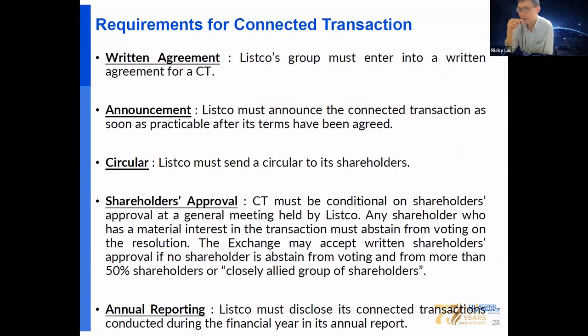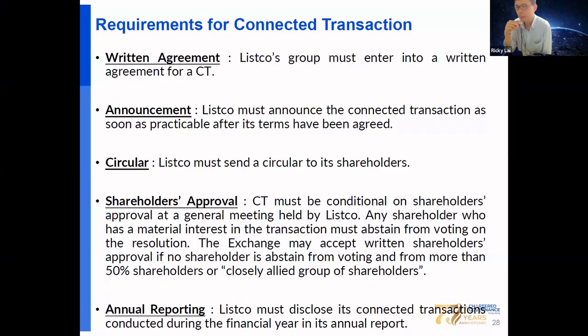If there is an independent shareholder approval requirement, then the listed company must send the circular to these shareholders. The CT must be conditional on shareholder approval at the general meeting. Any shareholder who has a material interest must abstain from voting. The exchange may accept written shareholder approval if no shareholder is required to abstain from voting and it is from more than 50% of shareholders or a closely allied group of shareholders.